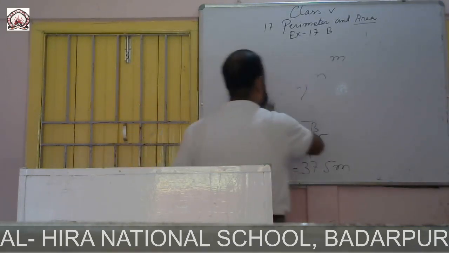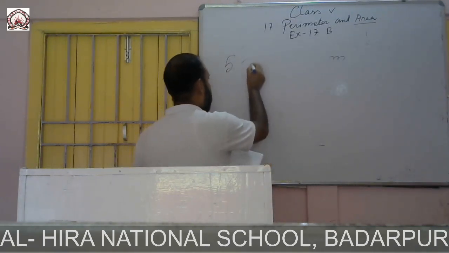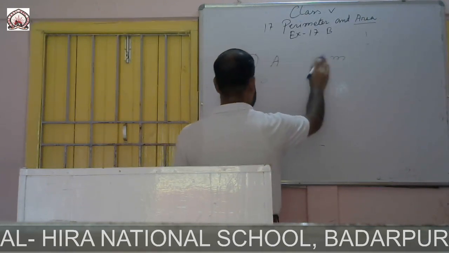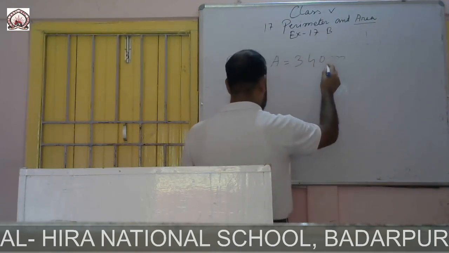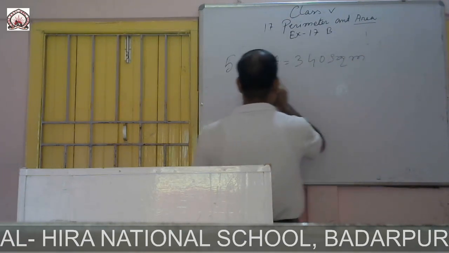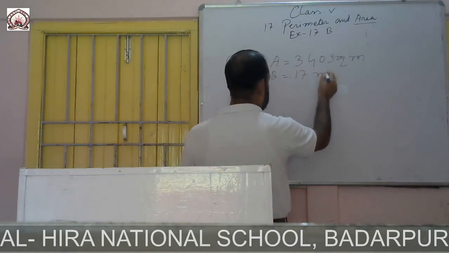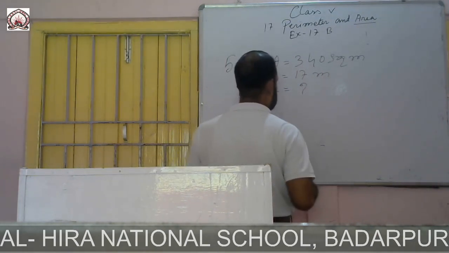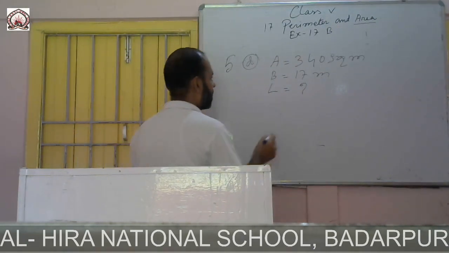Next, question number 5D. Area equal to 340 square meter and breadth equal to 17 meter. We find the length.